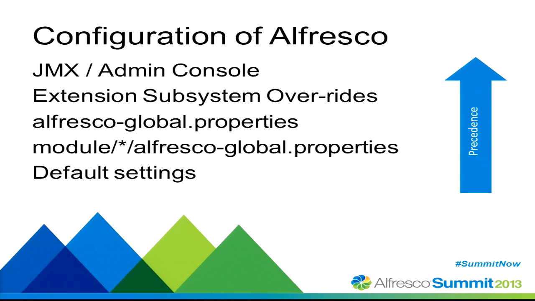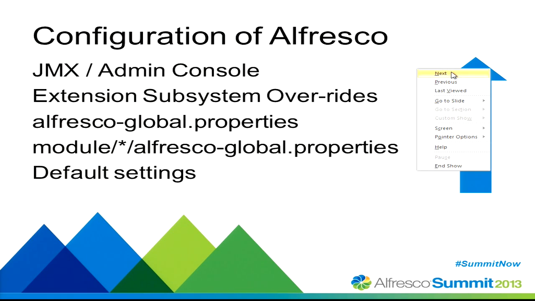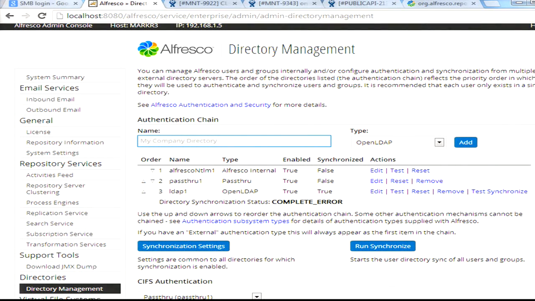So once you start using the admin console, it will ignore these changes. So just a warning, it's important to understand that before we get started. And here is an example of the new 4.2 admin console. I'll demo it later, but I just wanted to give a quick show of it there.